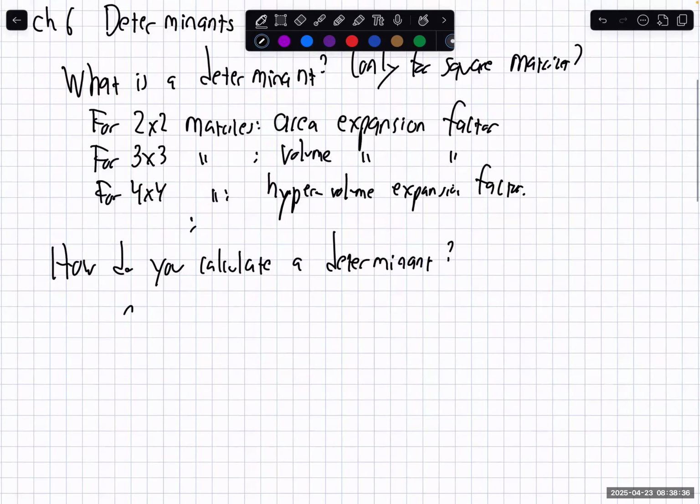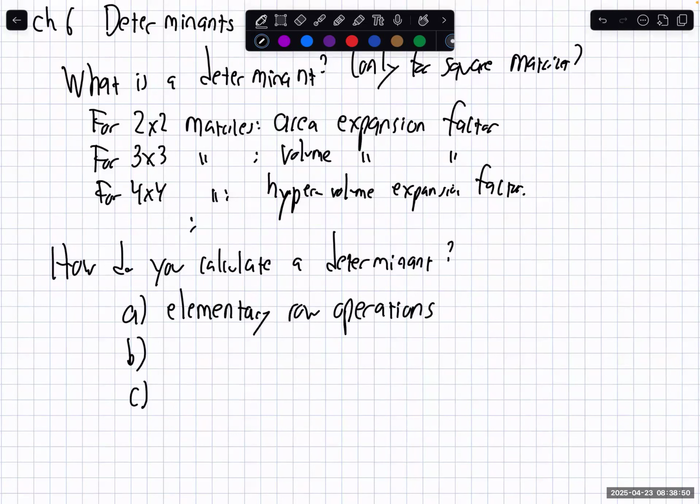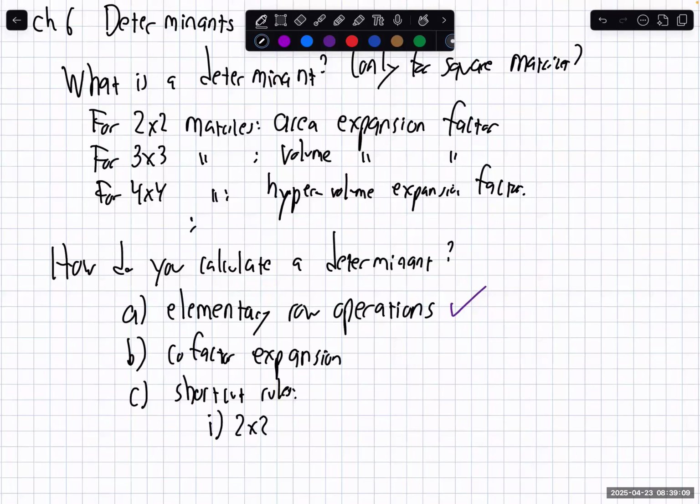Okay, and then how to calculate a determinant. I'm going to show you 3 different ways. Last lecture, we did elementary row operations. I'm going to show you the cofactor expansion right now.